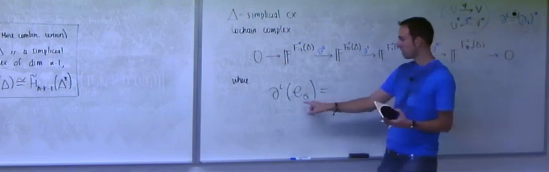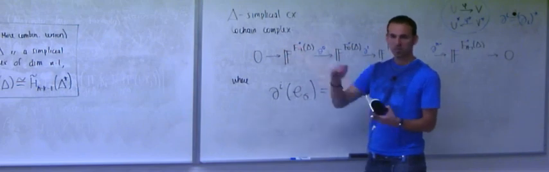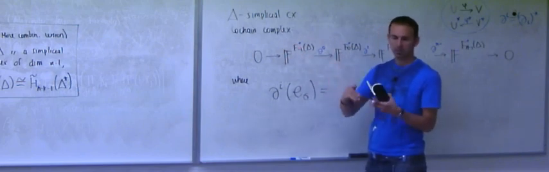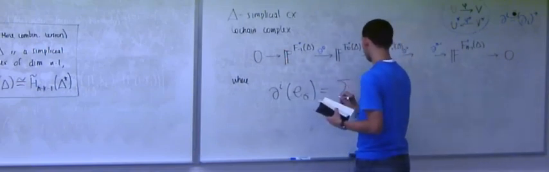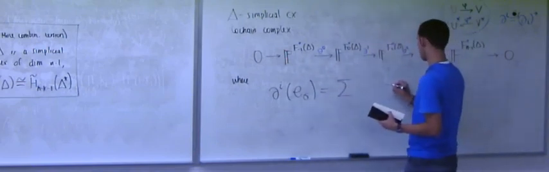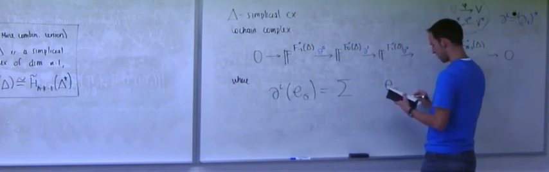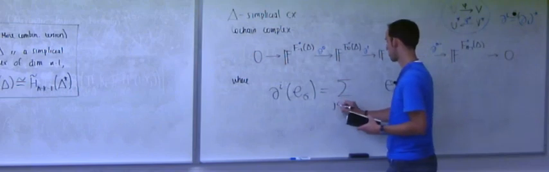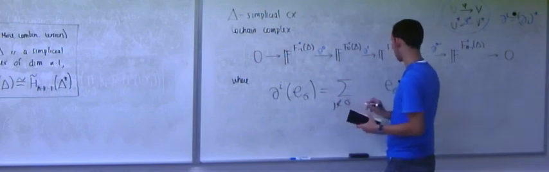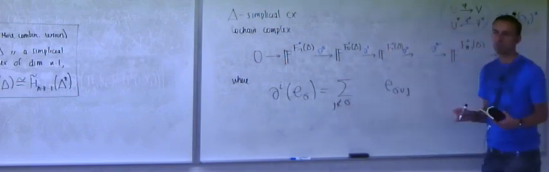We need to add one dimension. So what I'm going to do is just add every single guy that I can possibly add. So I add all the guys that I can, which are the guys that are not already in there.